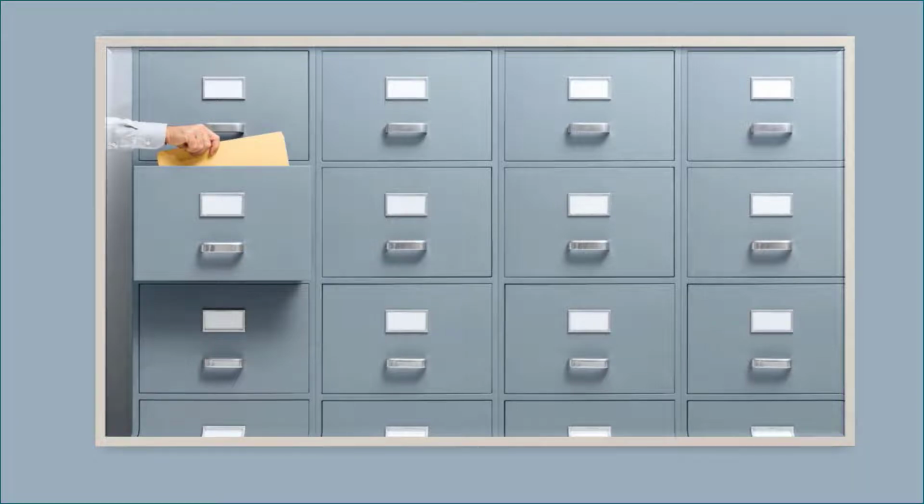Every file folder has a particular place that it belongs. And within each file folder, the information is organized in terms of temporal sequence. The most recent information is in the back of that particular folder. As we get older, our file cabinet becomes larger and larger, so this information and integration becomes more and more important.